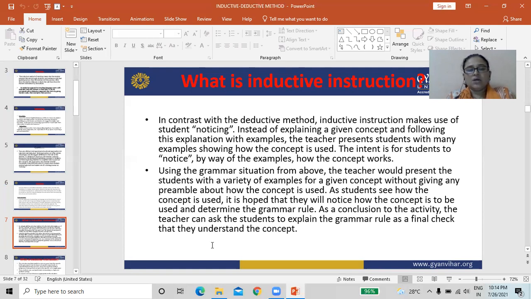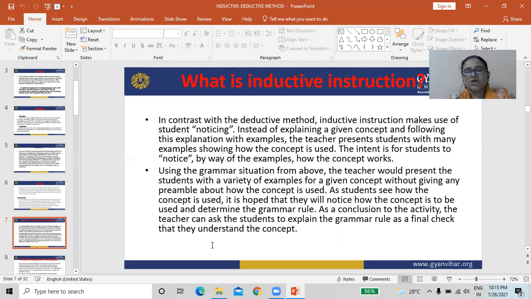Using the grammar situation from above, the teacher would present the students with a variety of examples for a given concept without giving any preamble about how the concept is used.